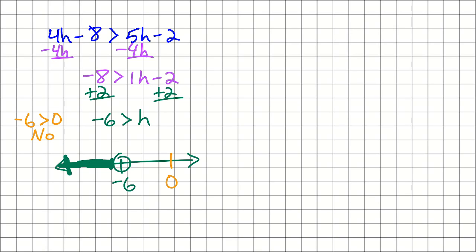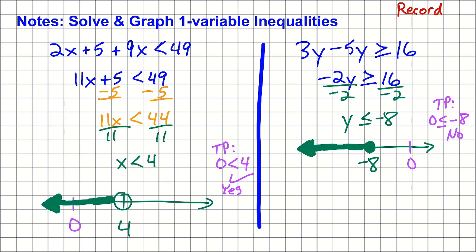And I want to bring your attention to something here that you may have noticed or may not have noticed. On these two, my variable is on the left. And my arrow faces the same direction as my inequality.